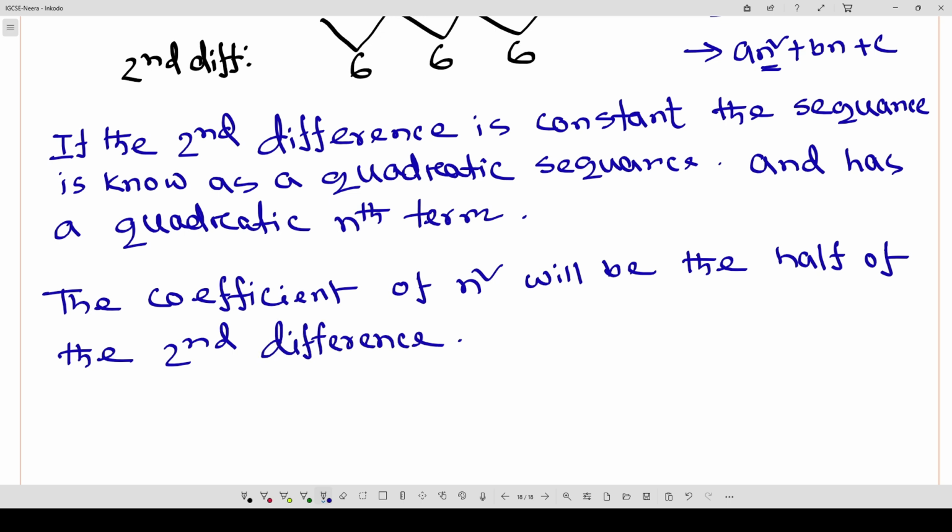Okay, so the second difference is 6. Half of it means 3. This 3 is a.